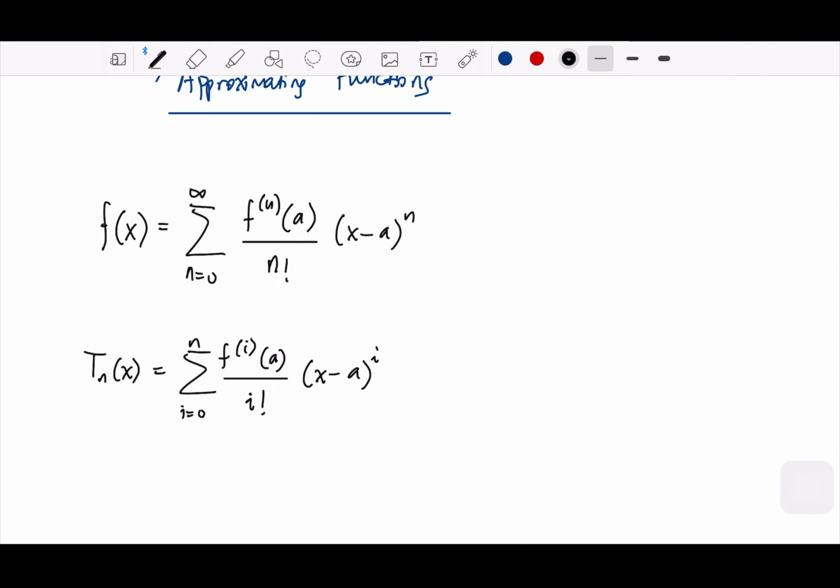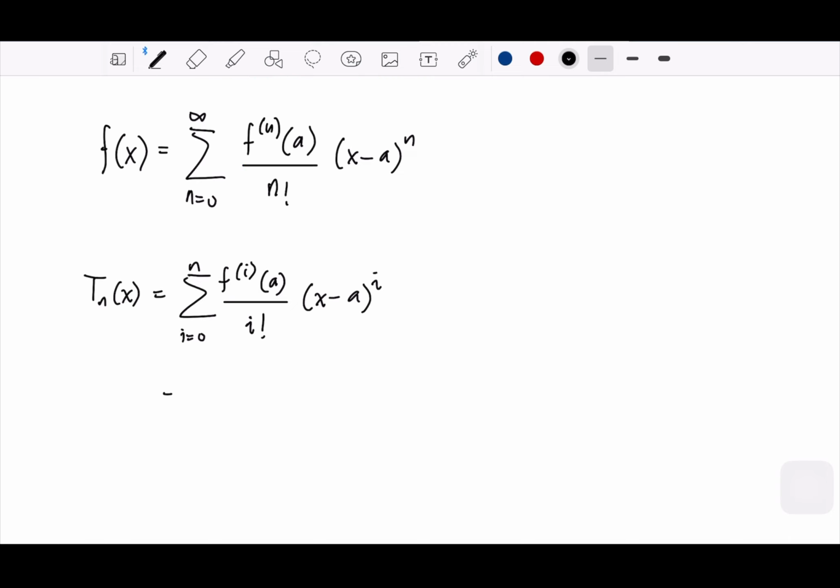Let me use another integer i to differentiate between f and T. And we can expand this partial sum from 0 to some n.